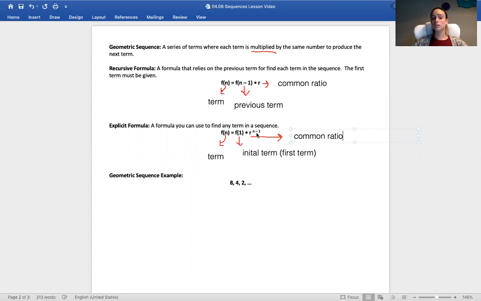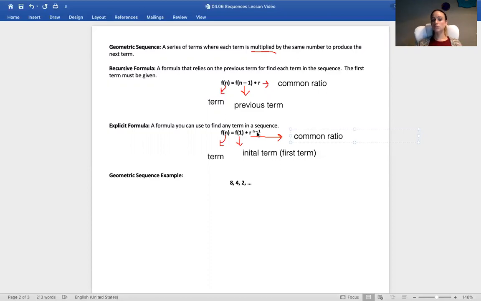Okay? And the logic behind the n minus 1 is the same as it was for arithmetic, because we have our first term. So let's say we're finding the 50th term. Well, I already have one of them, so I really only need 49 more times, which is why we always have that n minus 1.